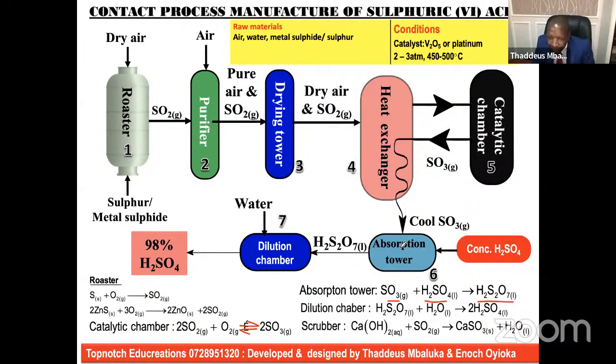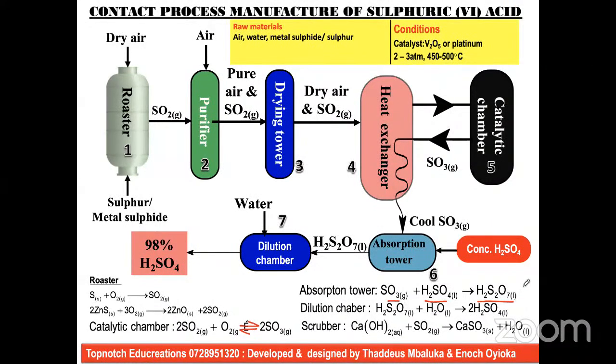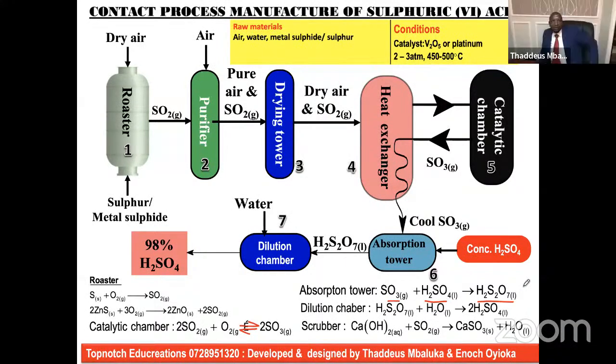Then from there, after forming, and of course, there's a question here. Why is sulfur trioxide not directly dissolved in water to form sulfuric acid, and instead it's first of all dissolved in concentrated sulfuric acid? Why don't we dissolve sulfur trioxide in water? Why?